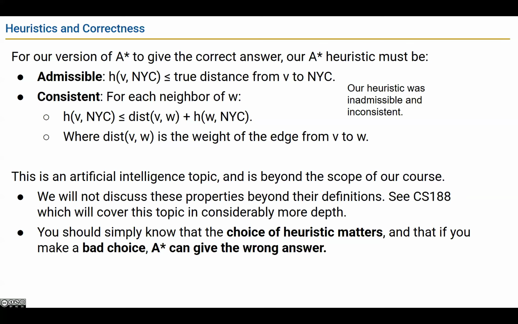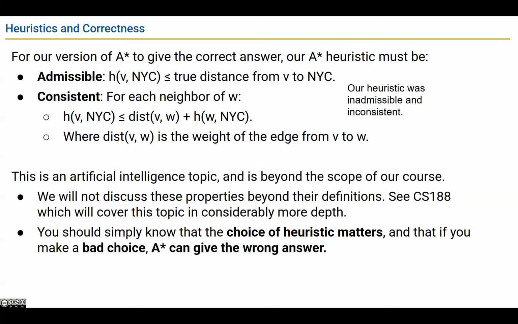The most important one is you just need to be able to underestimate the distance. So as long as your distances are always less than or equal to the true distances, your heuristic is going to work. In a graph or a map algorithm, kind of the best way to do that is to just take the crow's fly distance, the straight line distance on a map.